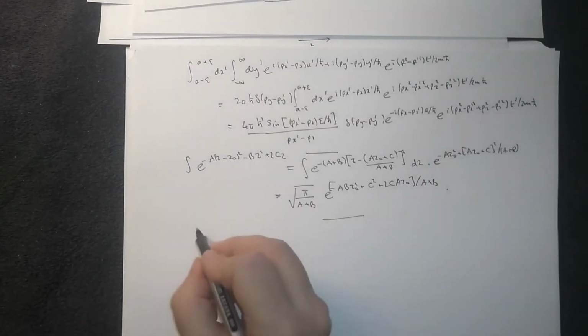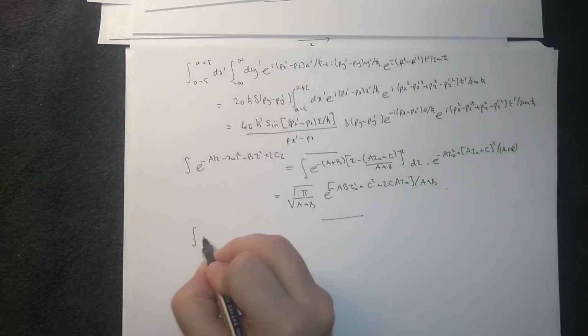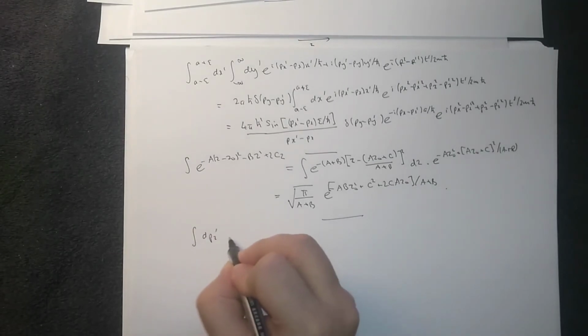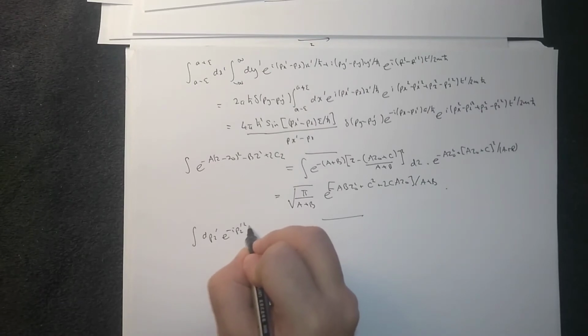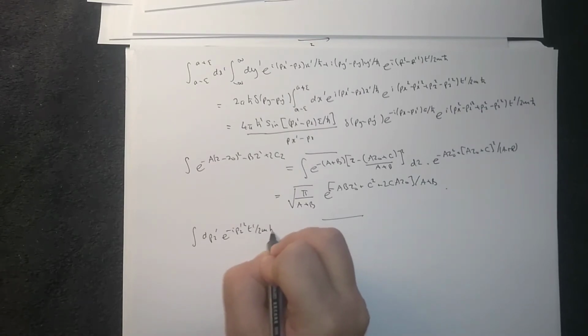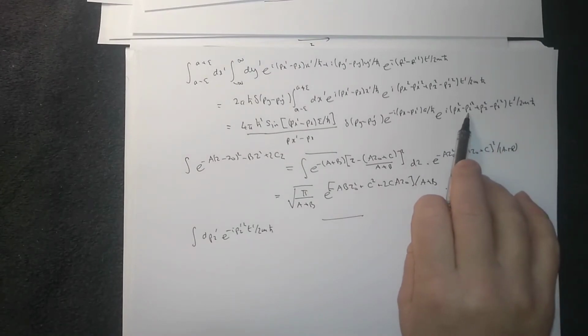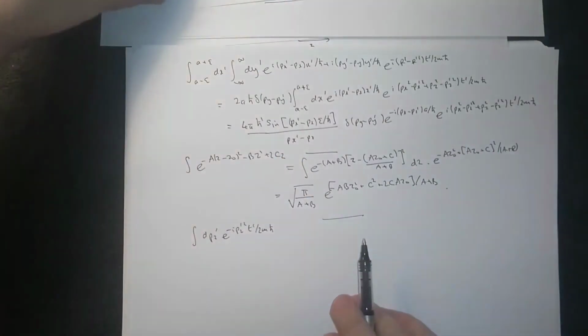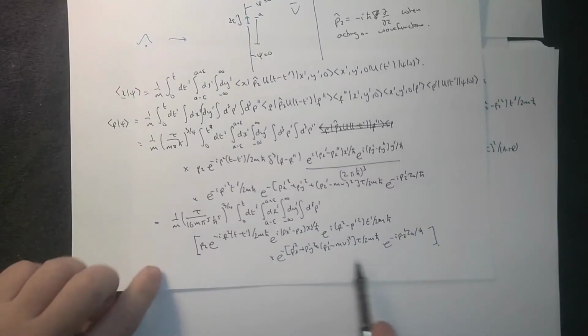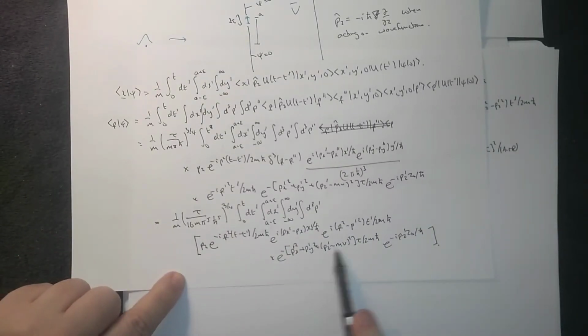So using this result, we get that the integral dpz prime of e to the minus i pz prime squared t prime over 2m h bar, that was from that part. We also had pz prime in here and here.